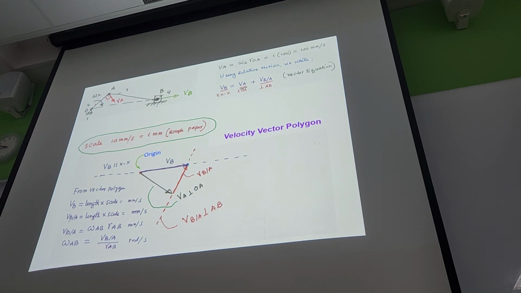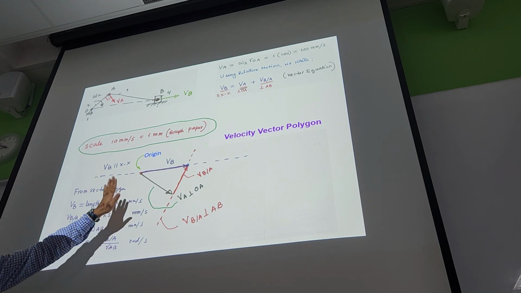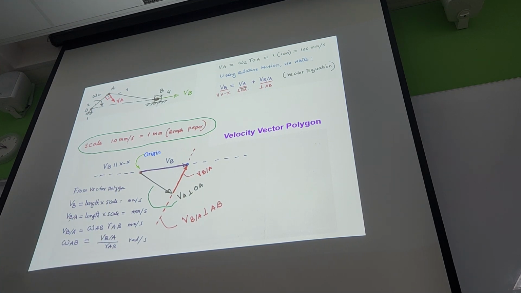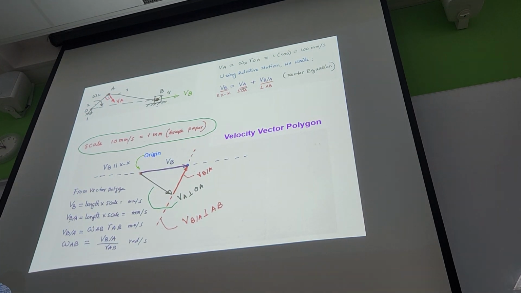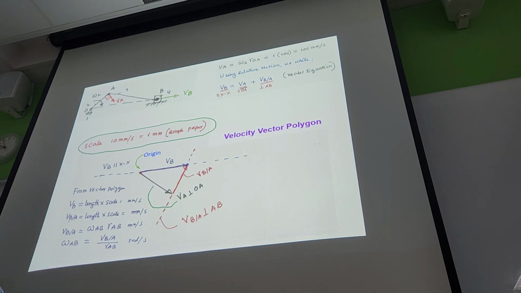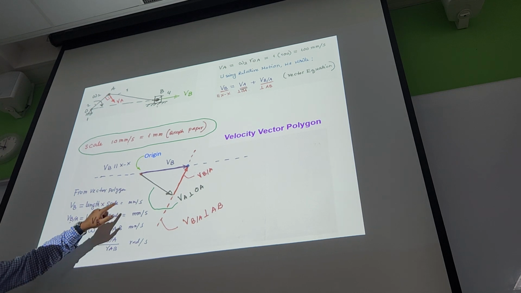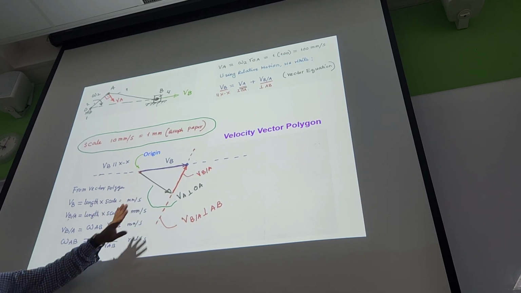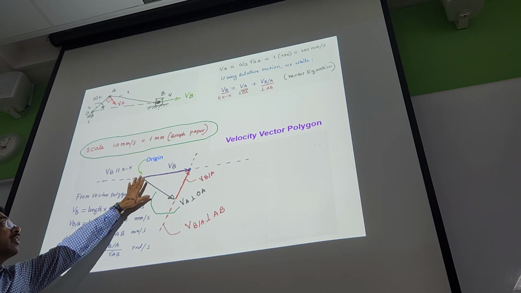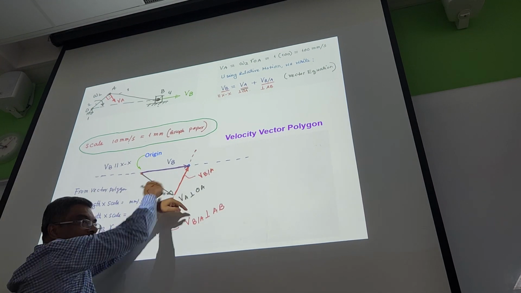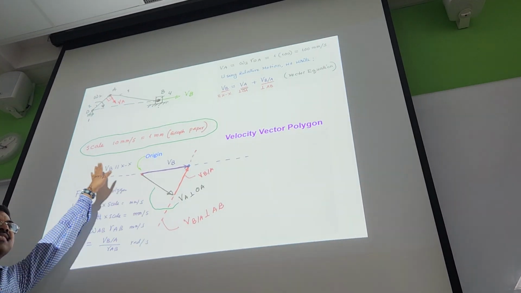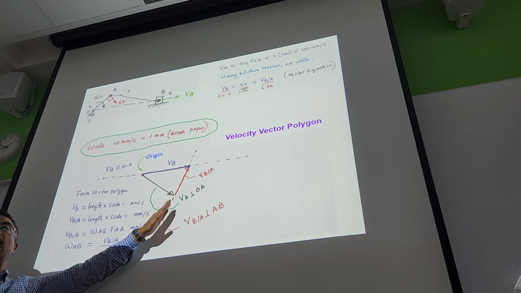Okay, and then you need to select an origin. What is origin? Origin is the starting point of the vector polygon. So now look at here. What I did, usually my advice to you, always take the starting point in the paper's middle. Do not take it on the side, because you don't know which line will go which way.